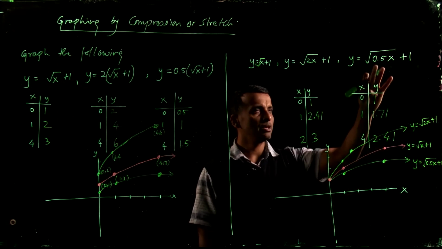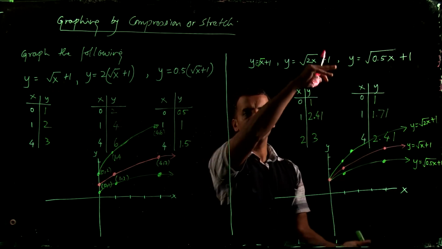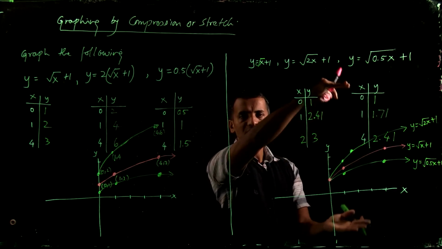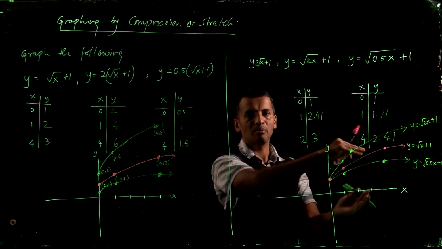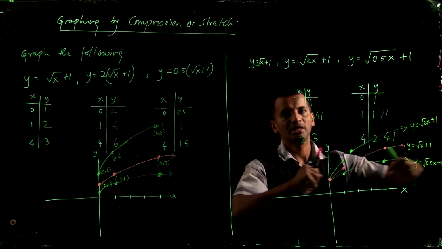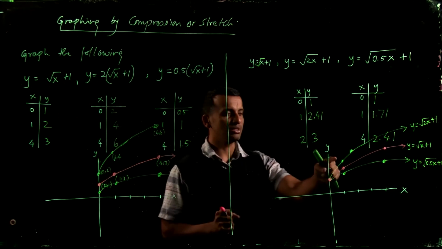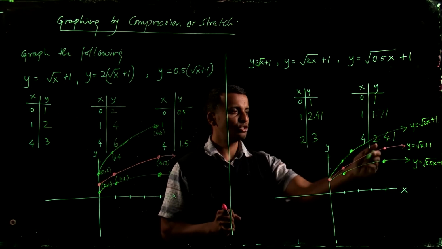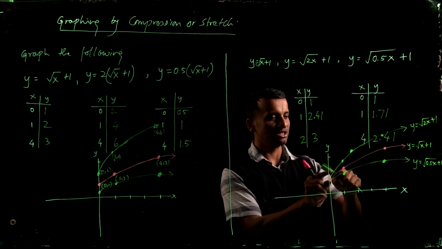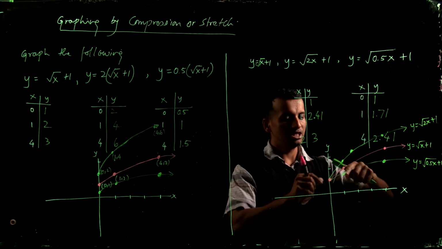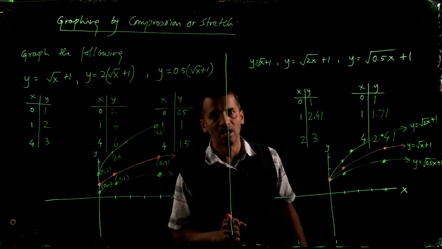If you multiply x by a number less than 1, you will see the vertical compression, or in other words, the horizontal stretch, and it comes down. You can see that these points are stretched that way, this value is stretched like that, and then this point goes down.